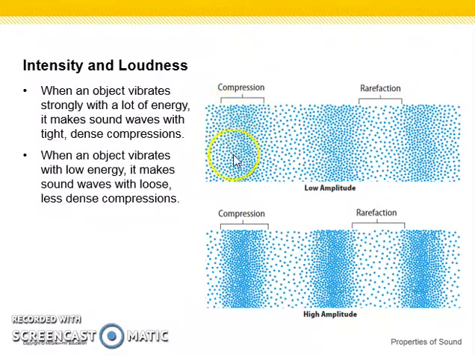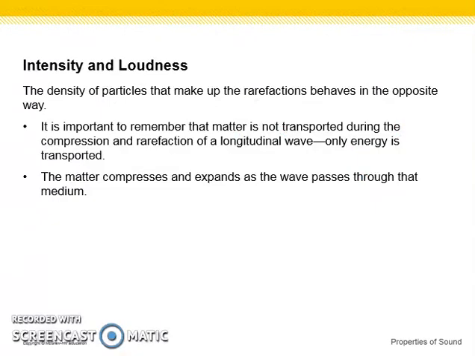The compressions here are spread out a lot more, and these are packed together more tightly. That's because this is a high amplitude where there's lots of energy, okay? So more energy, less energy. The density of particles that make up the rarefaction behaves in the opposite way.